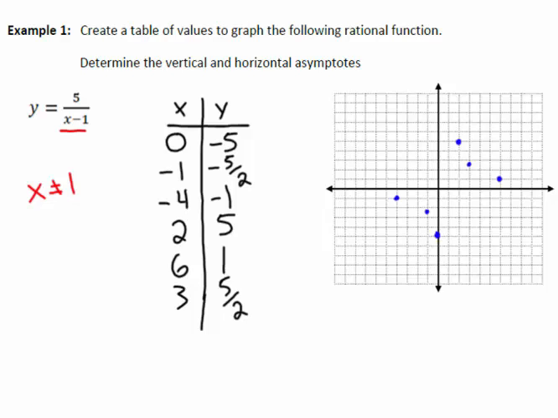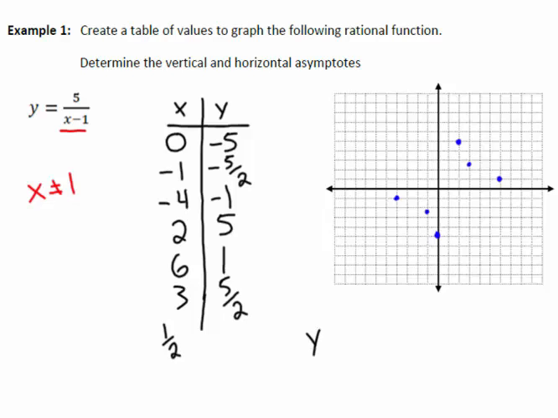So there's our points plotted, and we could draw a sketch from here, but I do want to do 2 additional points. And these might seem like weird x values, but I want to choose x equals 1/2 and put that into our function.